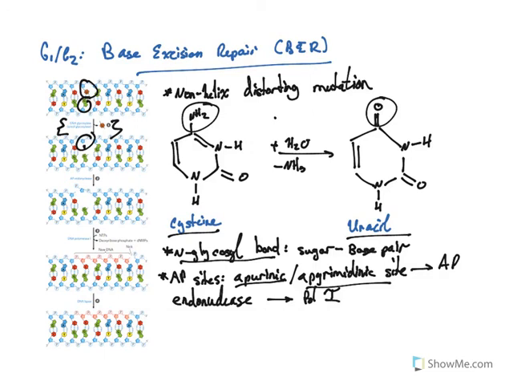This is then in turn recognized by something called an AP endonuclease. The endonuclease can then cleave it, and then polymerase 1 will come in, find this cleaved site, and then replace it with the appropriate cytosine in this case. And then DNA ligase will come in and, of course, glue in the ends.